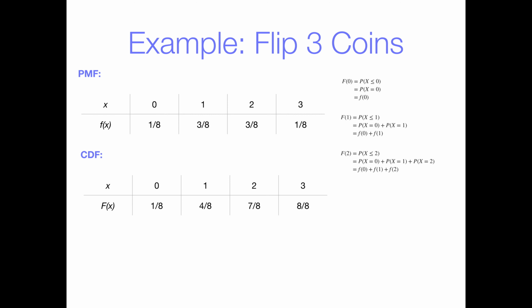So add those probabilities. Lastly, capital F of 3, that's the probability of being less than or equal to 3. Which x's fall in there? All of them. So add up all those probabilities. And what did we say about what it should be every time we add up all of our probabilities? It should be 1. So the last entry in your CDF is always going to be a 1.